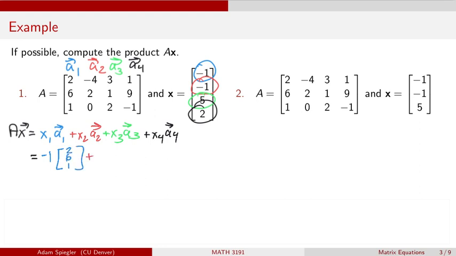X2 is also -1, so we have a plus -1 times the column vector A2. X3 is 5 times column vector A3, and then we have plus 2 times column vector A4, which is 1, 9, -1.